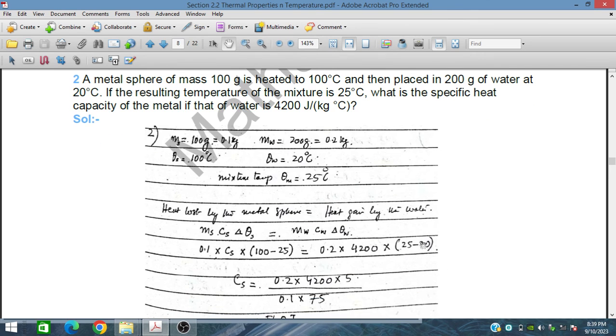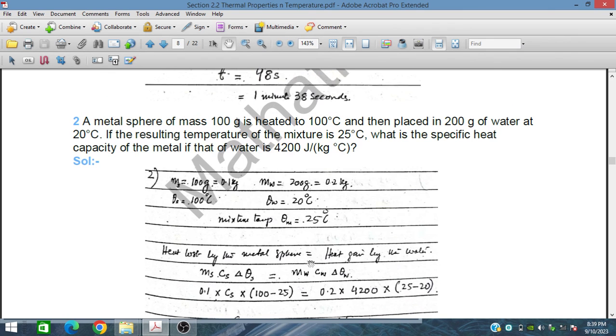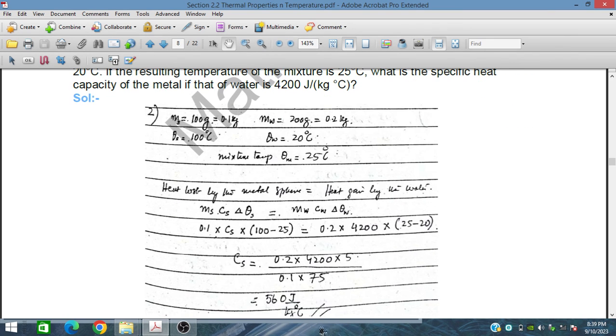So this is a 5 degree rise, and here we have 75 degrees. From this, C of the sphere is obtained as 560 joules per kilogram per Celsius.